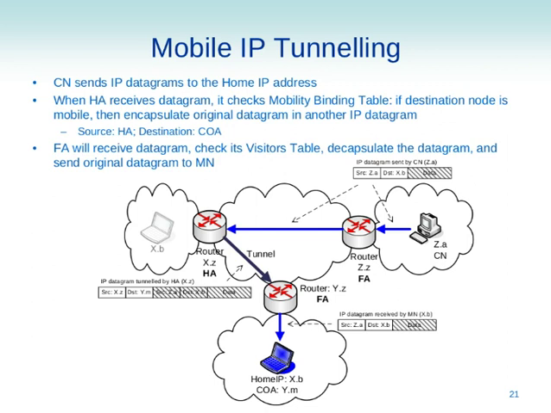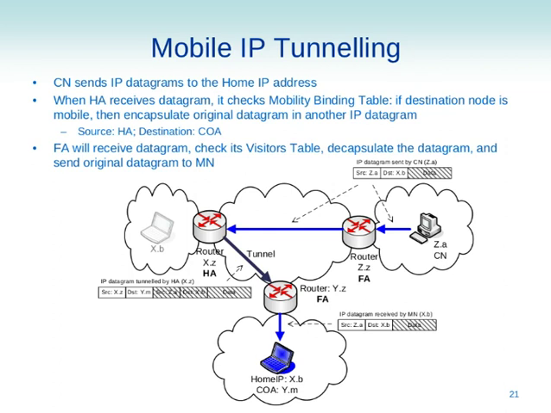There's some data, there's a header, two fields of importance in that header, the source and destination address. So the datagram created and sent by Z.A has source address Z.A, destination X.B. That's normal IP header construction by the correspondent node.